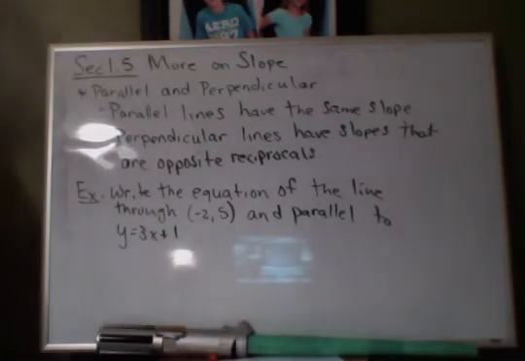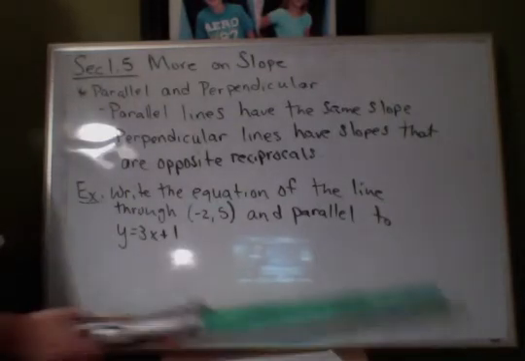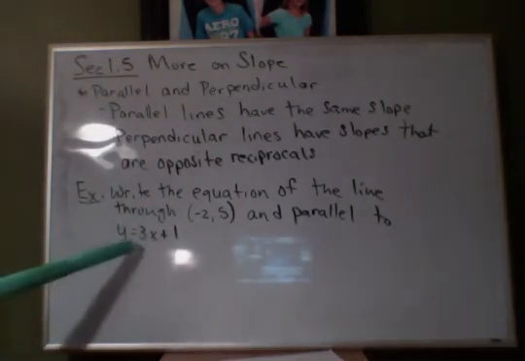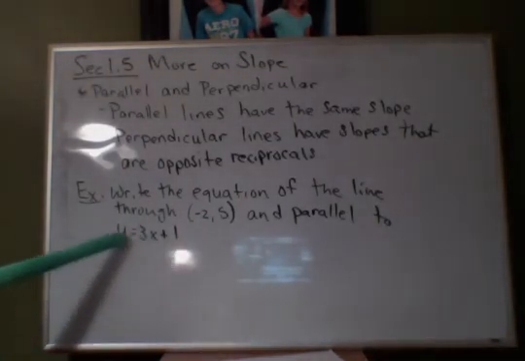Now, in being able to do this type of question, again, we need a point and a slope. We already have our point, it's here, (-2, 5). We have some information about the slope, even though it's not given to us directly.